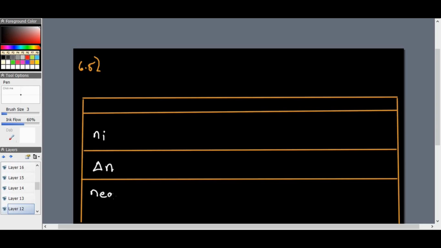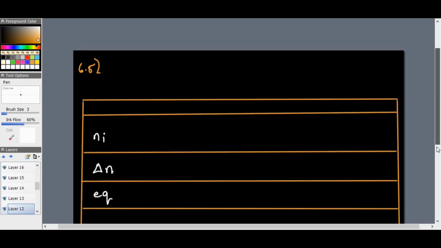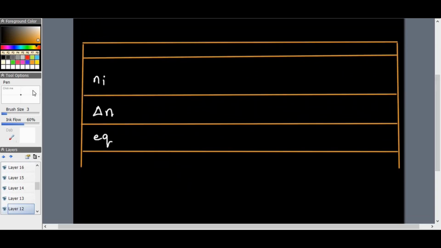So NEQ, or I would just say EQ, because I knew what that was about. Let me just draw this further down a little bit. And then to cap it off, this was concentration. And I just put concentration there.